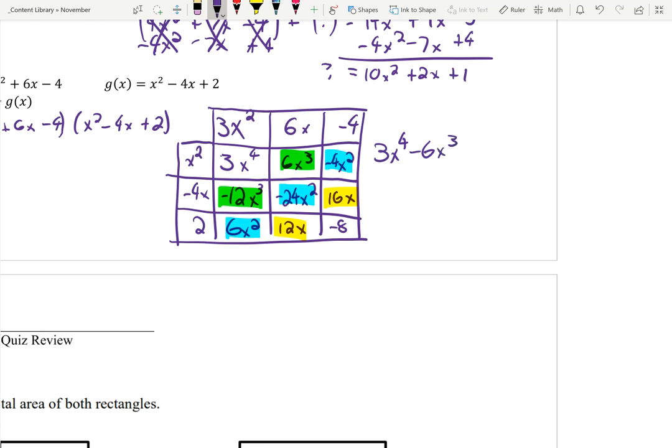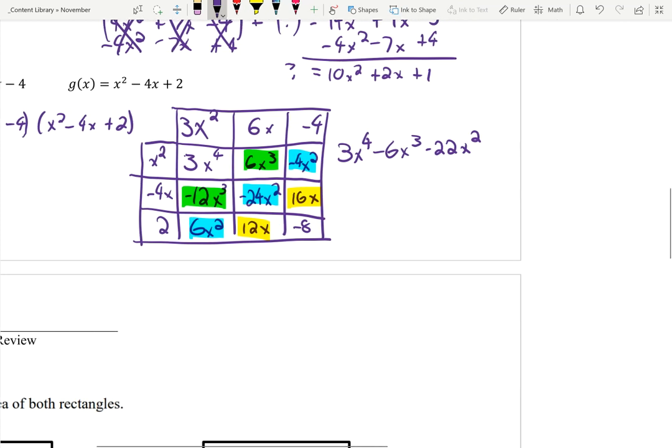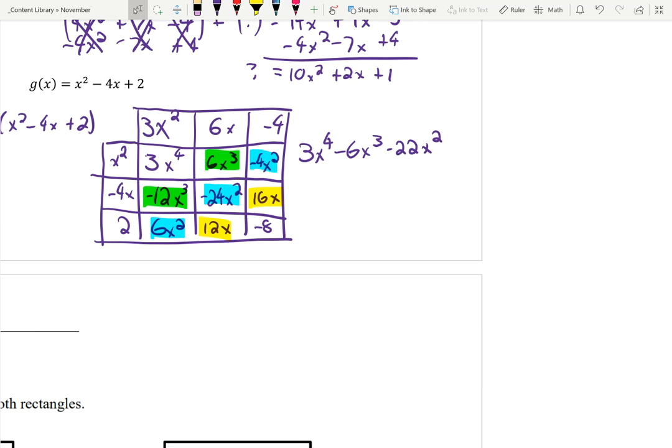Now the x squared terms, there's 3 of them, so be careful when you're counting them out. You have 6x squared minus 24x squared minus 4x squared. So 6 minus 24 minus 4. Lots of math there, but that should be negative 22x squared. With our x terms, we have 12x plus 16x. 12 plus 16 is 28, so that'll be 28x.